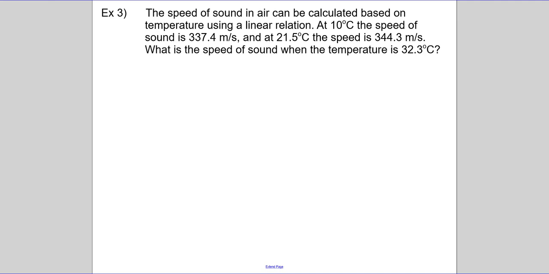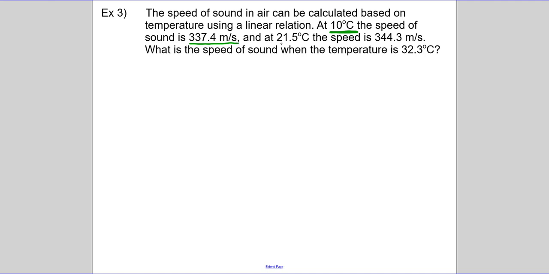This is kind of our word problem style of question, and see if we can piece this together. So in this particular example, we have the speed of sound in the air, and it can be calculated, and it's dependent upon the temperature of the air. So if the temperature of the air is 10 degrees Celsius, then the speed of sound is 337.4 meters per second.